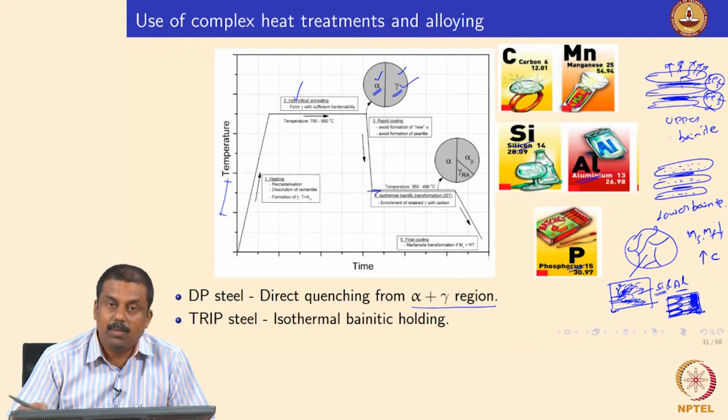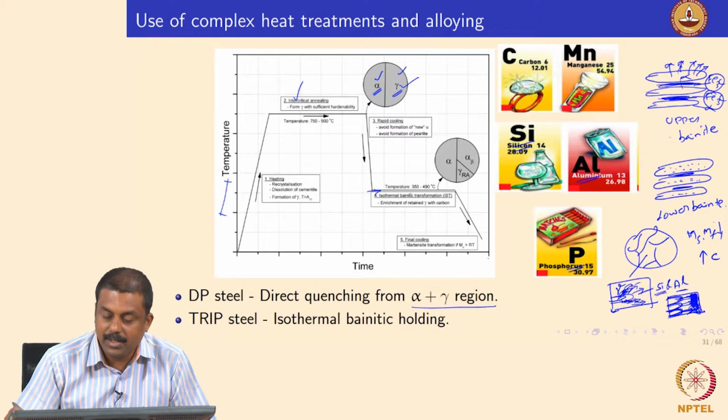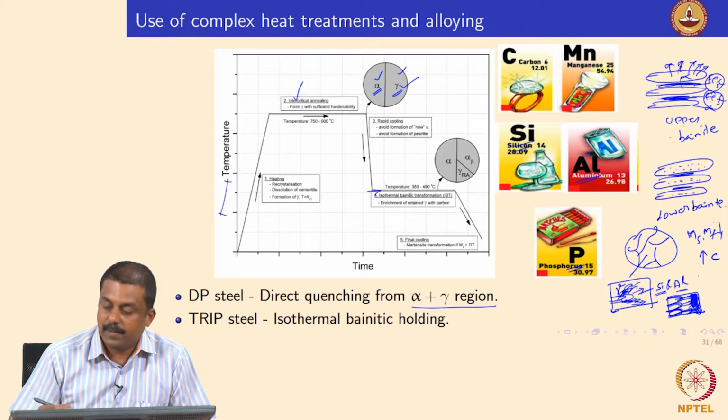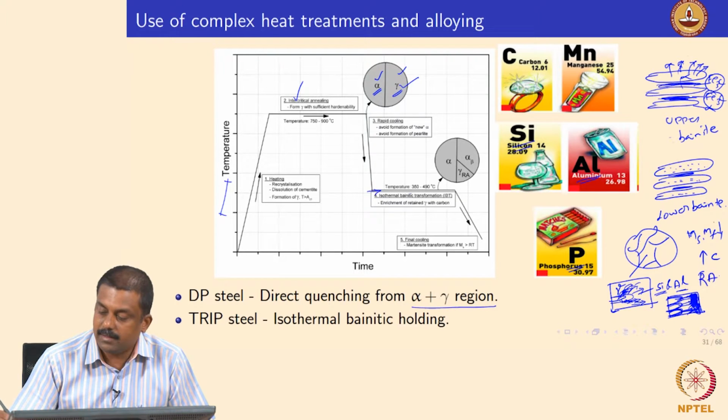MF temperature would go below room temperature, and MS would significantly reduce, to about say 250 degrees centigrade or so. So, the amount of retained austenite which is untransformed during this transformation would be retained as retained austenite. Yes, it's clear.